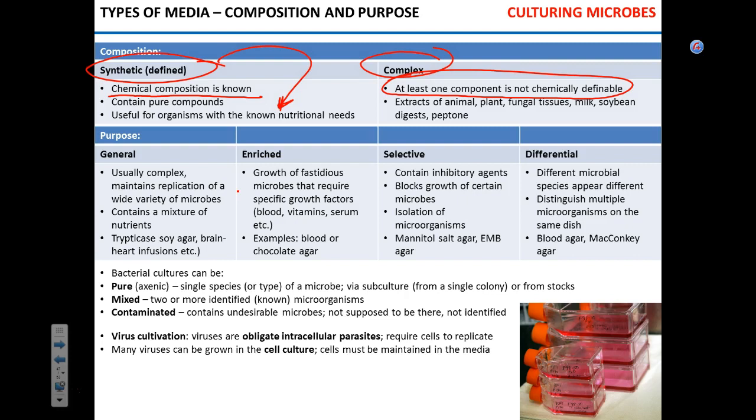Let's say you make synthetic medium. And then you say, you know what? In my experiment, I'm not going to add amino acid alanine. And I will see if microorganism will grow in this medium. And if it does, you say, well, apparently this microbe can make its own alanine.